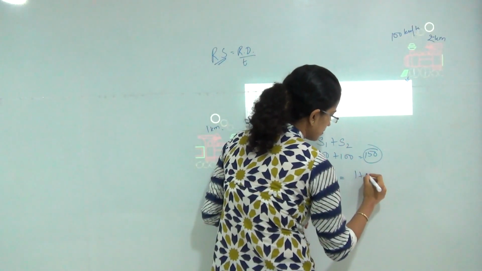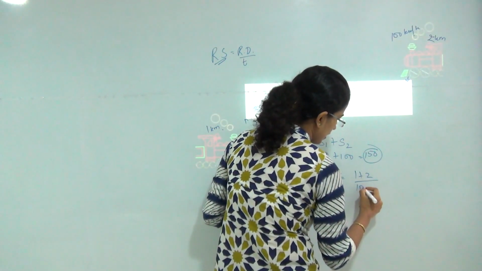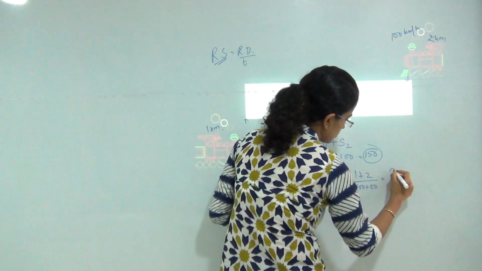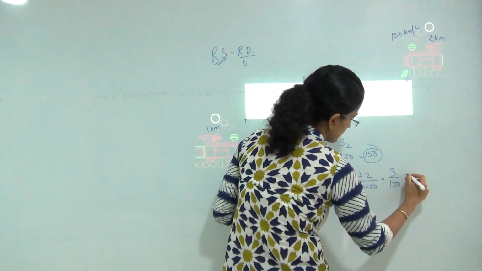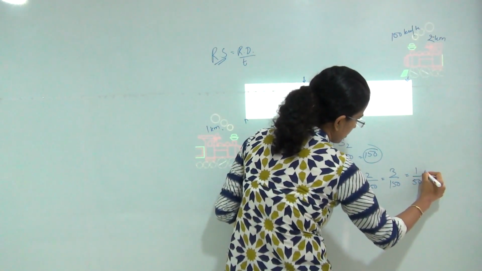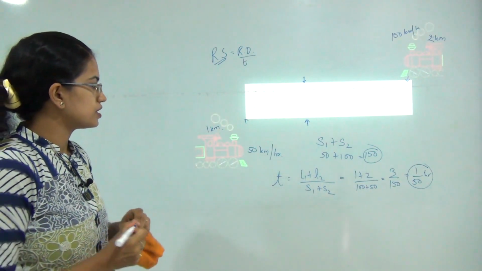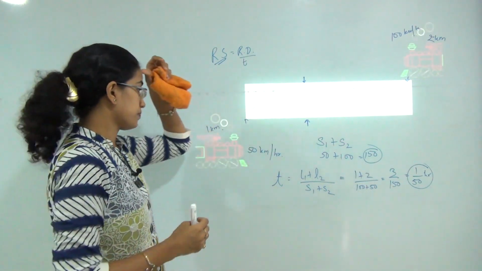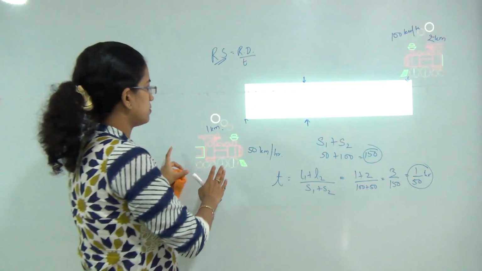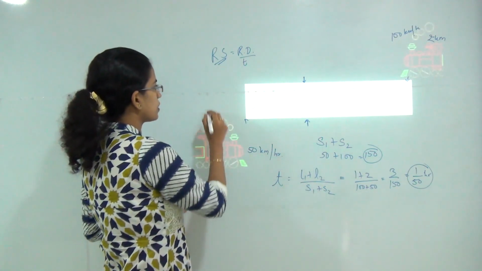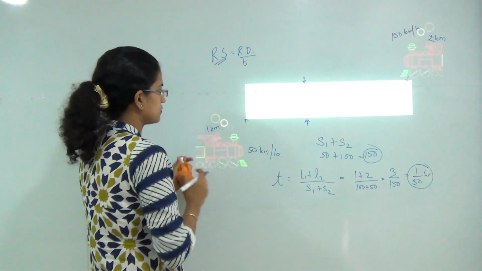So I have 1 plus 2, that's 3, divided by 100 plus 50. So I have 3 by 150. I can say 1 by 50 hours would be the time taken for the trains to cross each other. So this was the second case where we talked about understanding the relative speed.